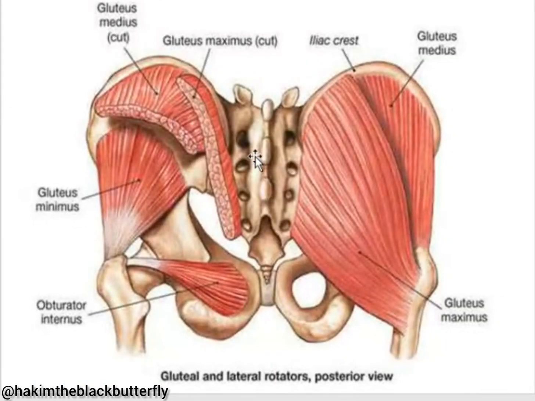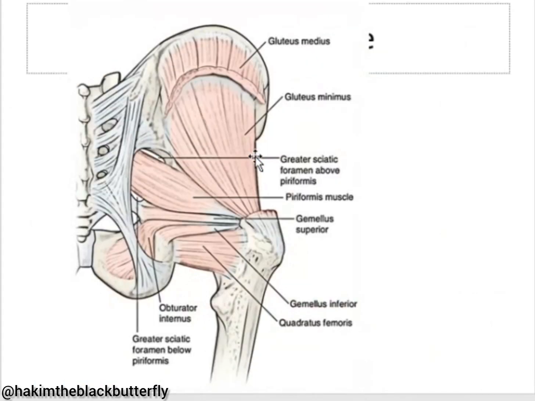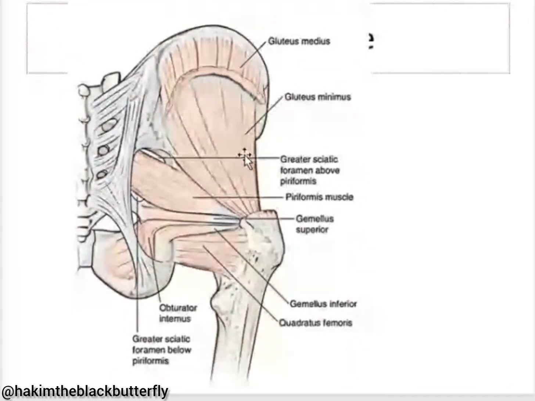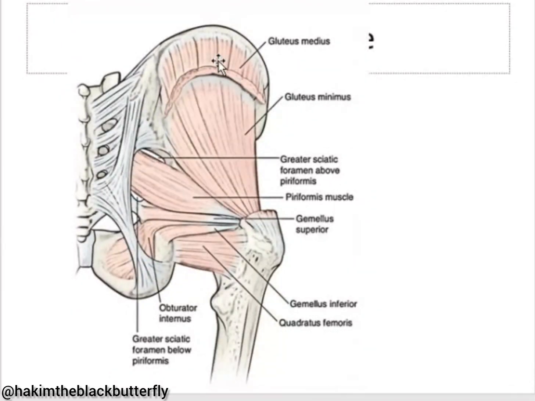Now we talked about these two muscles, Gluteus Medius and Gluteus Minimus. They are supplied by the superior gluteal nerve, and they insert at the greater trochanter of the femur.